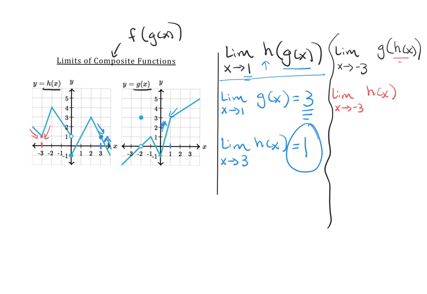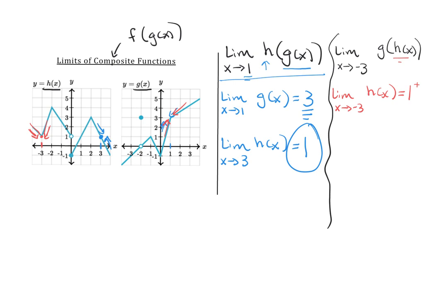Now, this is a special case, and we'll talk about this in class some more, because they're both approaching from above. Notice over here, 1 was below and 1 was above. These are both approaching from above. So they're both approaching 1, but we're going to make a little note to ourselves: it's 1 from the right, because they're both approaching from above.